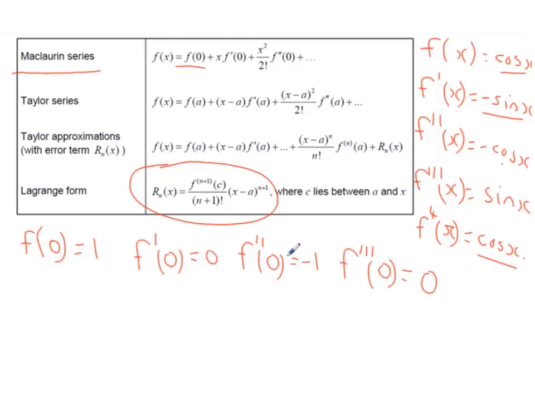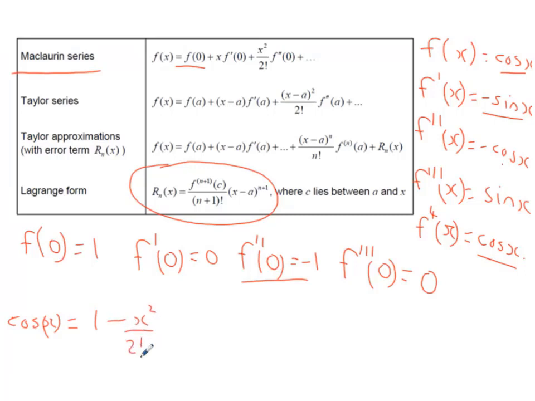So now we can say that cos of x, which is f of x, equals, well, let's look at it, the Maclaurin series: f of 0, which is 1, plus, well, f dashed 0 is 0, so there is no x term, so we go straight to the x squared over 2 factorial term, and that's going to be f double dashed 0, so that's negative, so it's minus x squared over 2 factorial.